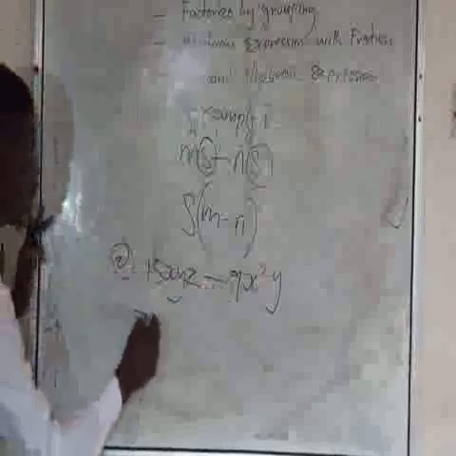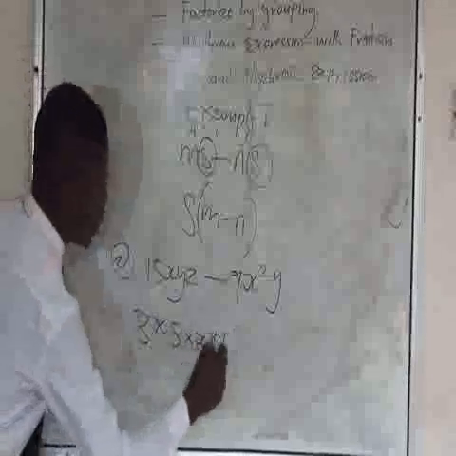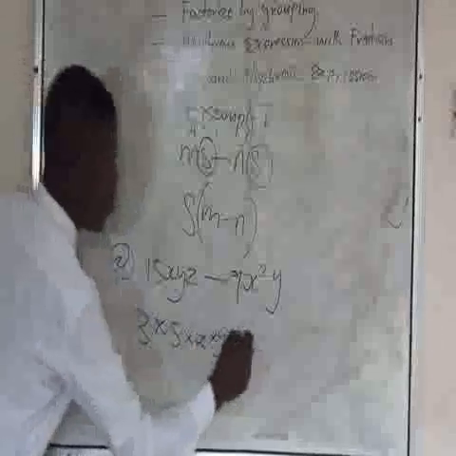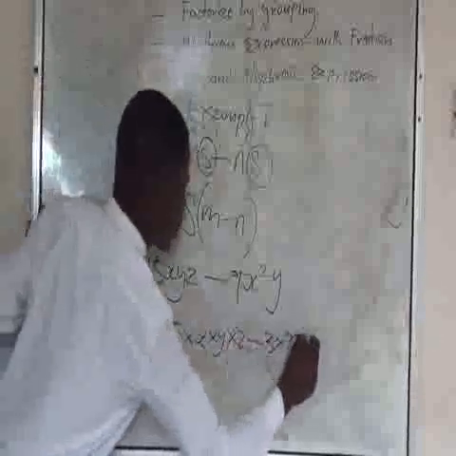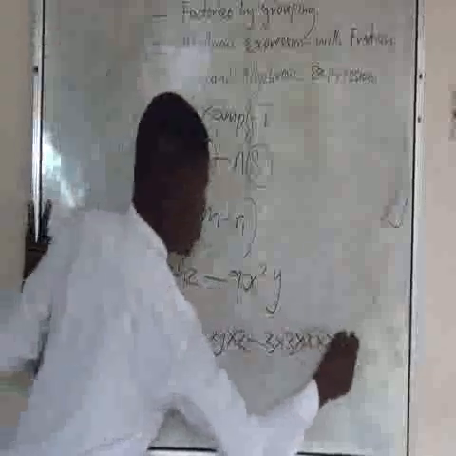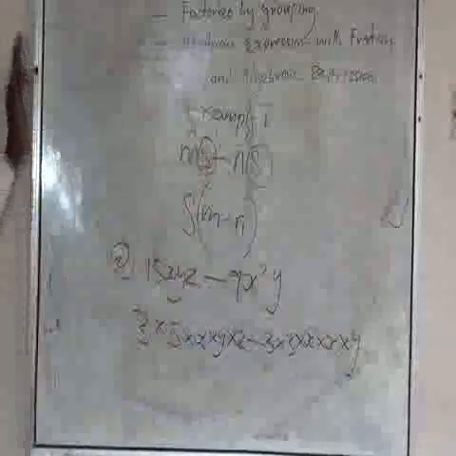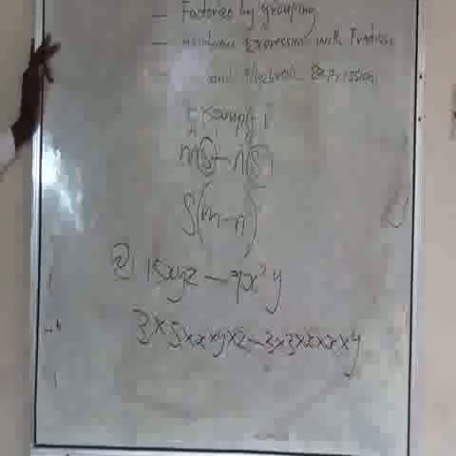So 3 times 5 will give us 15 times x times y times z, minus 3 times 3 to give us 9 times x squared, times y. Then we figure out the items that are common to both sides.